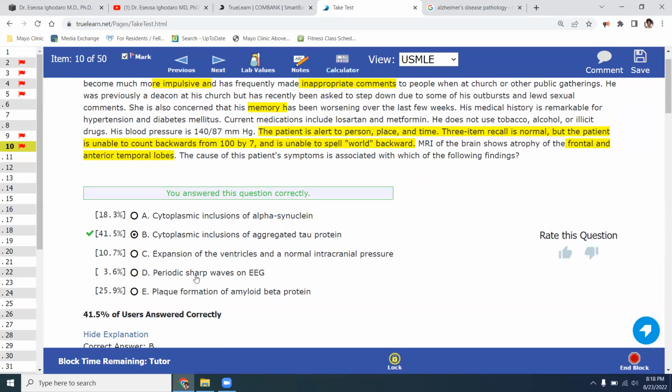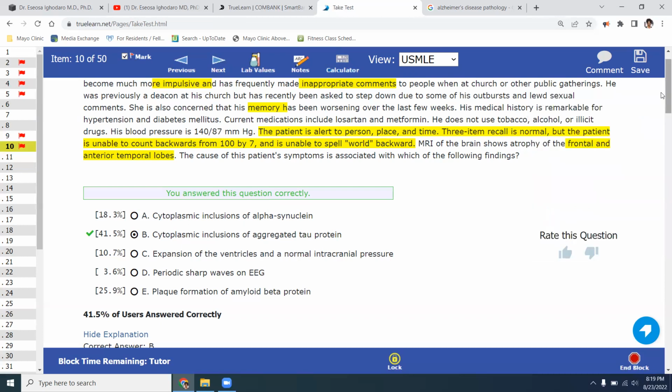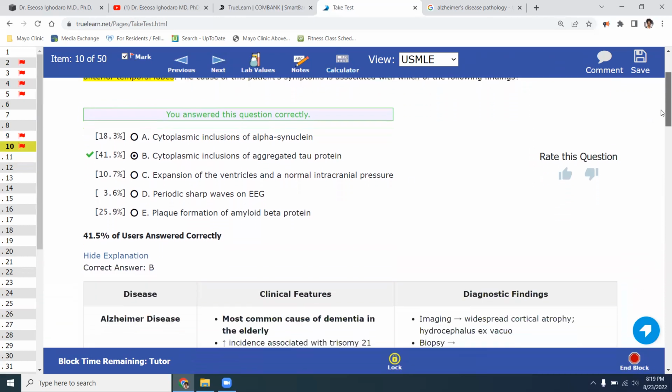So this is a characteristic finding that you'll see in individuals that have prion disease. And we mentioned earlier that this clinical scenario is not fitting prion disease, so D is not the right choice. Option E, plaque formation of amyloid beta protein, that is getting at Alzheimer's disease. And we already mentioned previously that this is not fitting an Alzheimer's disease picture because of his physical exam and what his MRI scan looks like. Therefore, option B is the correct option.